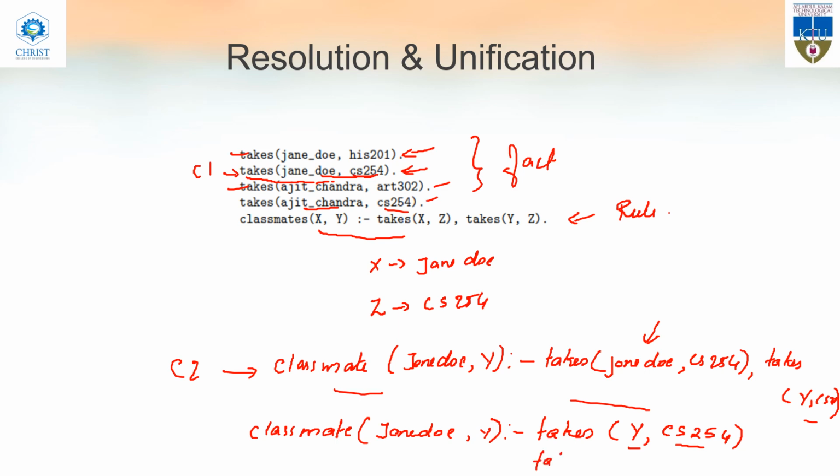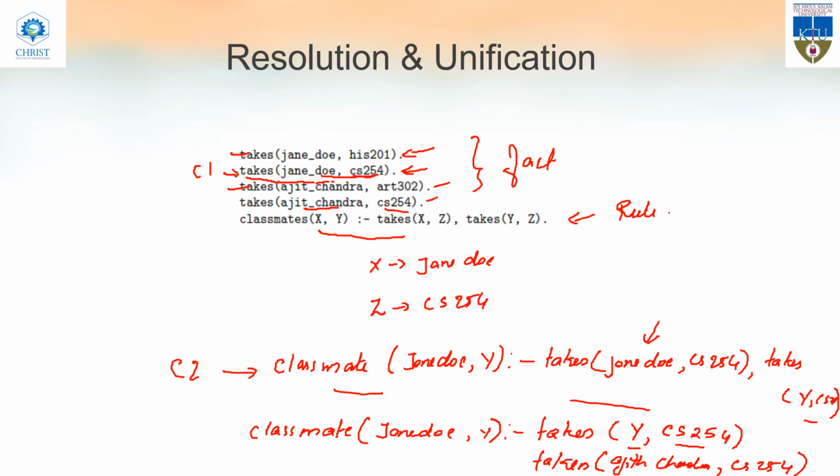So this is same as takes of Ajit Chandra, comma, CS254. Clear? That is called unification. You just match with the value. The two rules are the constant cannot change the value, but the variable can take any value.